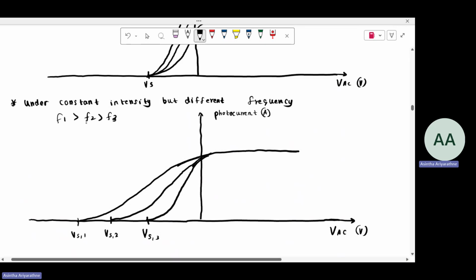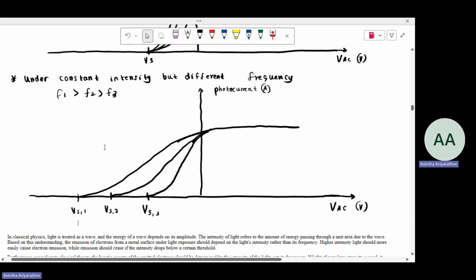The wave having the highest frequency needs the highest stopping potential to keep the current at 0. Which means when the frequency is increased, the maximum kinetic energy of the electrons also increases.